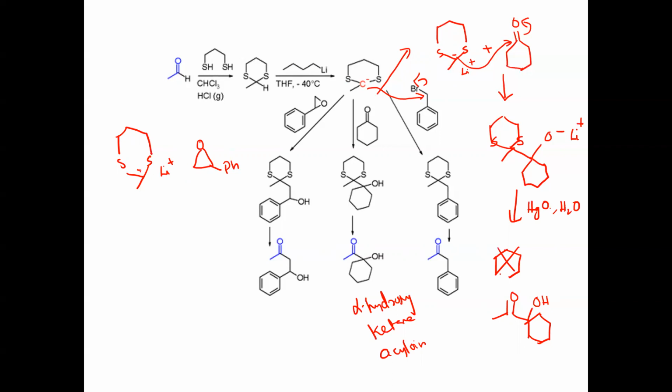This minus can attack this carbon atom or this carbon atom. But this carbon atom is sterically hindered, so it will not attack here, but it will attack this center and the bond is broken like this. That leads to the formation of this system.